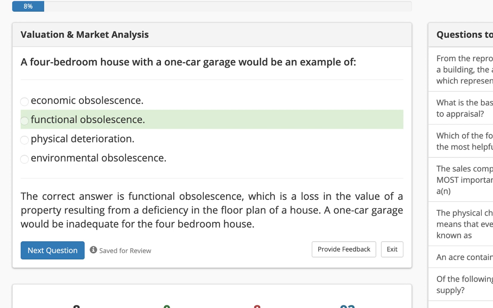And so the difference between those two conceptually is that functional obsolescence, as a homeowner, you have some control over. Economic obsolescence, you have no control over.